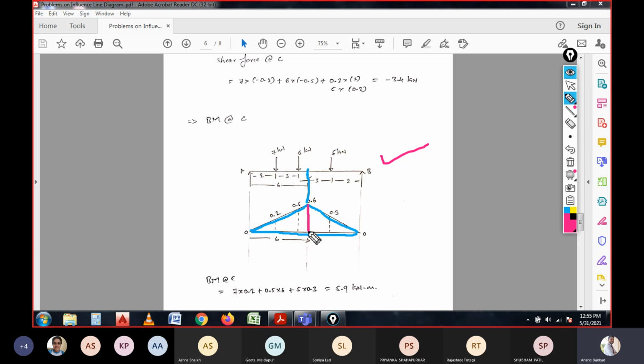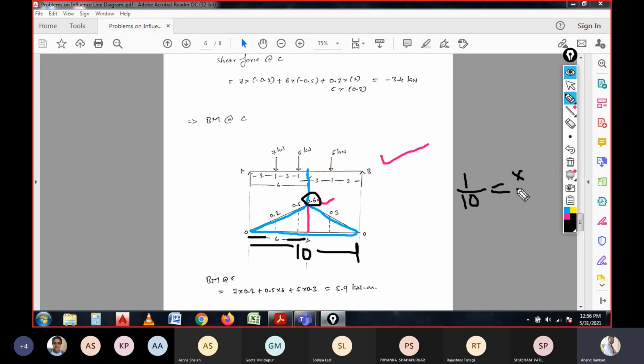Now this is the triangle. So how we have obtained this 0.6 is: the total span is 10 meter, right? So in this total span, 1 by 10, and at this point we have a span of 6 meter, which is unknown.